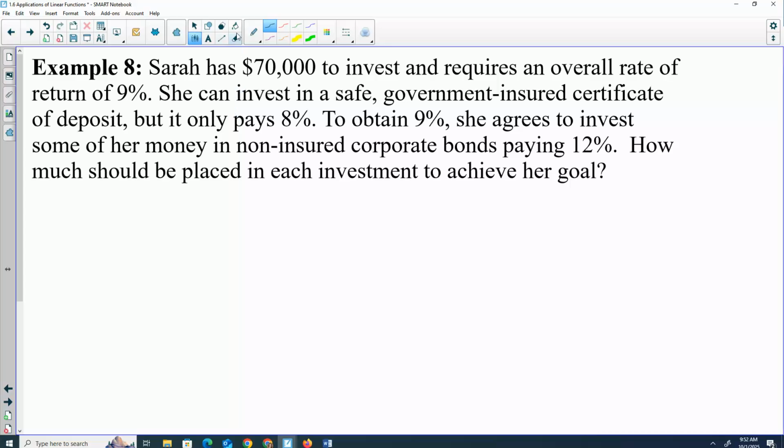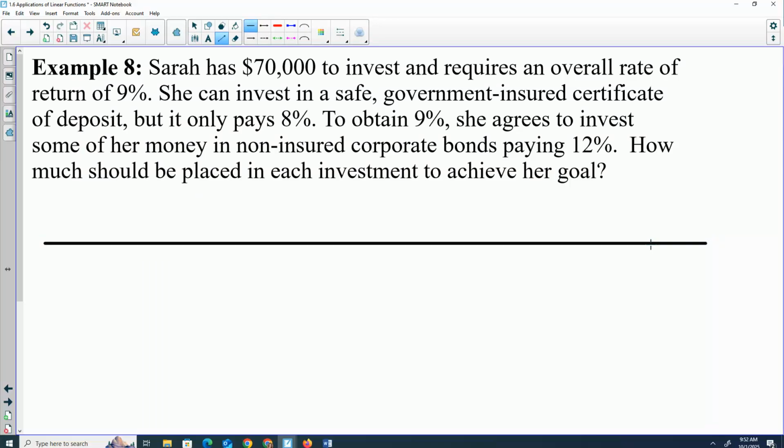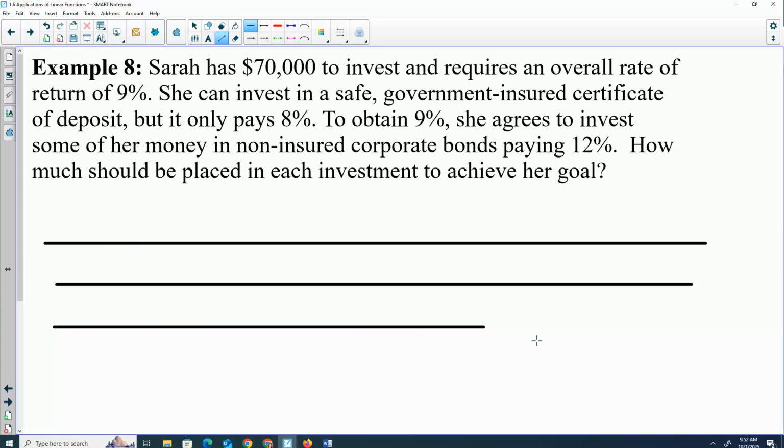So again, we have a lot of information here. She has a lump sum she has to invest, and she's going to split it into two different investments to get there. So let's make a table to organize our information. My rows are the different investments.